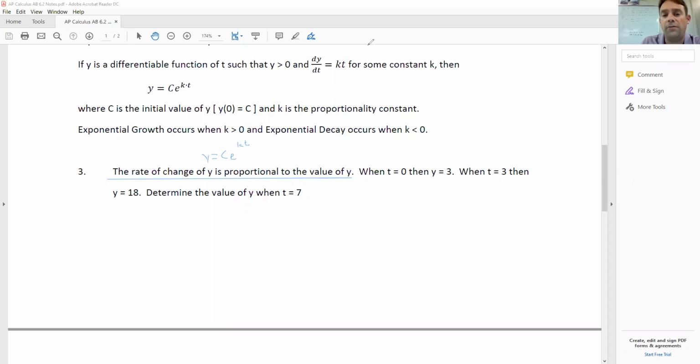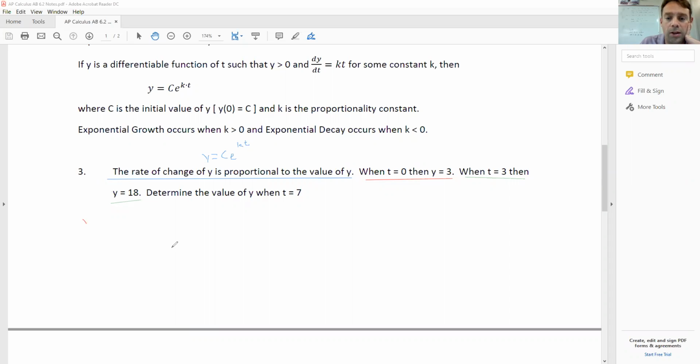And then what I have here is a couple of ordered pairs. T of 0 equals 3, and T of 3, y equals 18. So what we can do is use those numbers and plug them in.